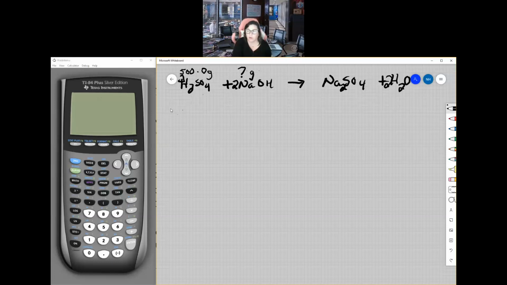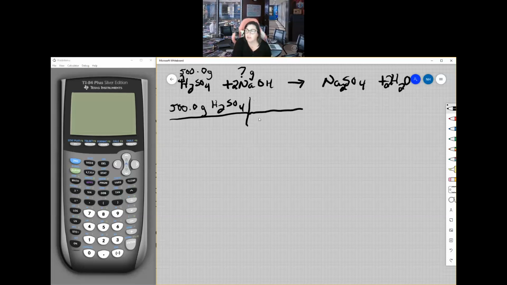I always start with what I was given, 500.0 grams of H2SO4. And then I need to convert that to moles. In order to convert it to moles, I need a molecular weight.